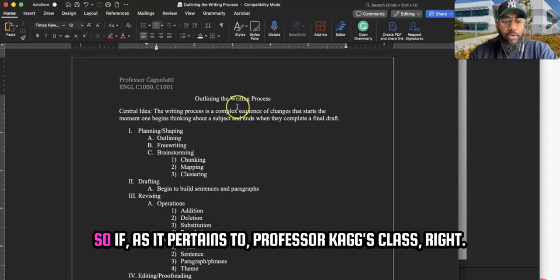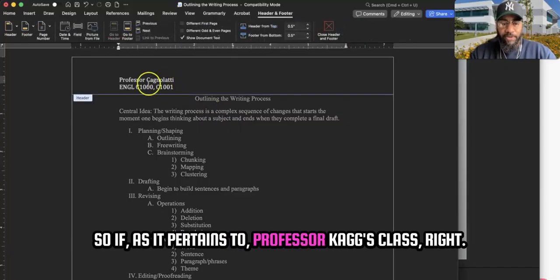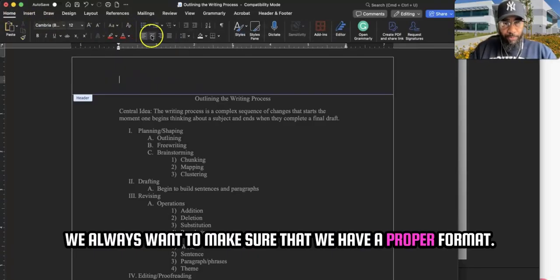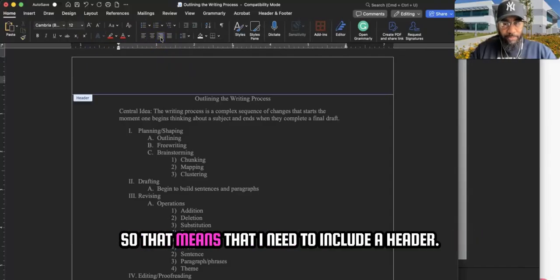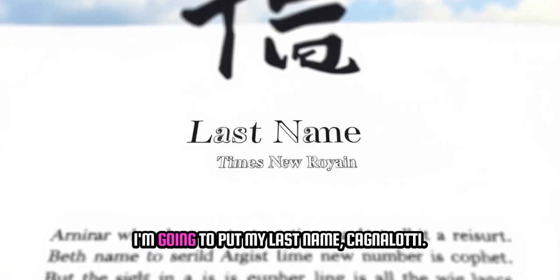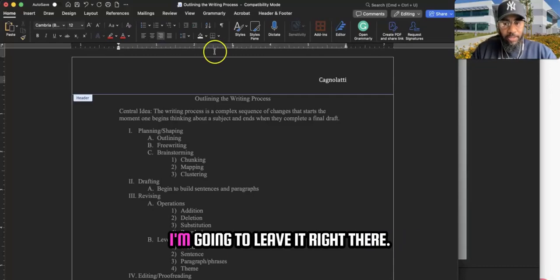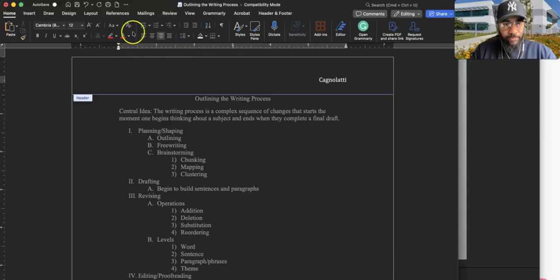As it pertains to Professor Cagg's class, we always want to make sure that we have a proper format. That means I need to include a header. I'm going to put my last name, Cagnolati, and leave it right there.